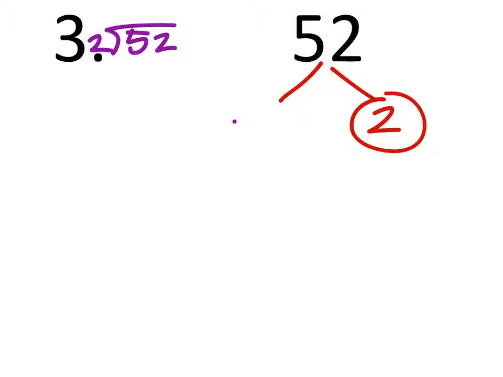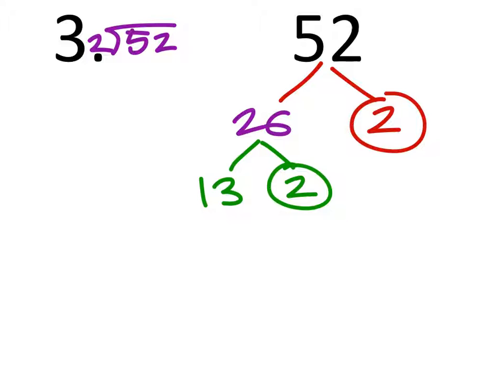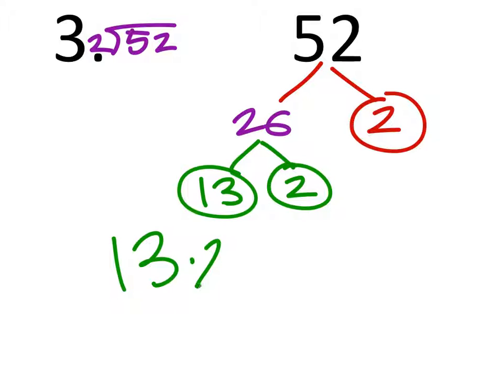Bam, 26, right? 26 also is even, so I can split this up between 2, which is prime, and 13 in this case. 13, we could try to split this up, but the only way we could is with fractions or decimals. So, as it turns out, 13 is prime. And this is our prime factorization: 13 times 2 times 2.